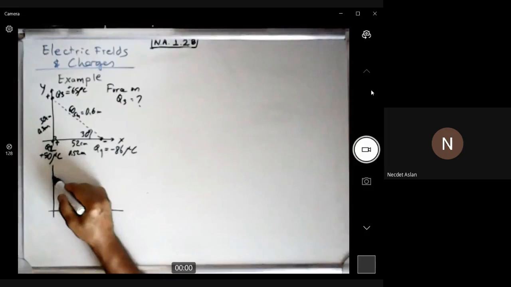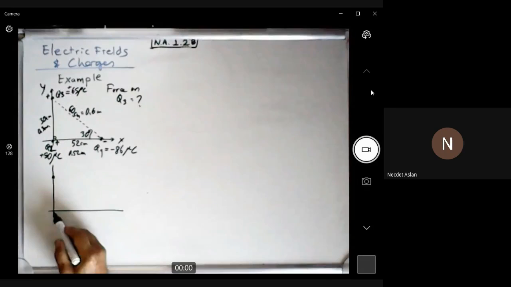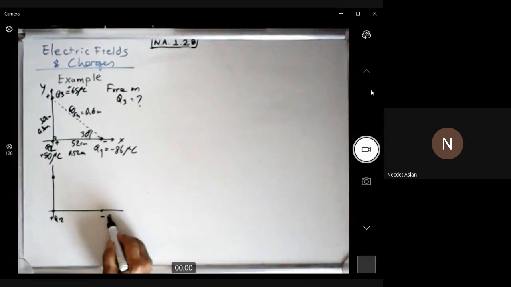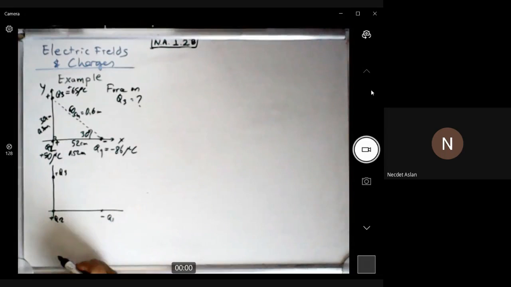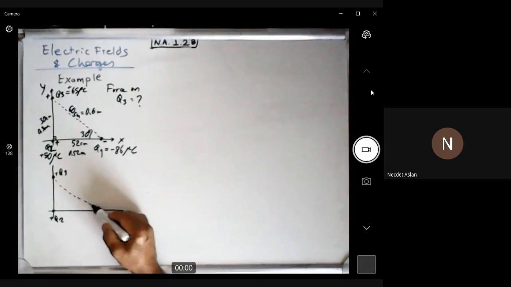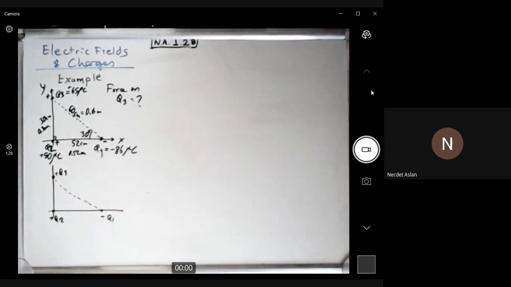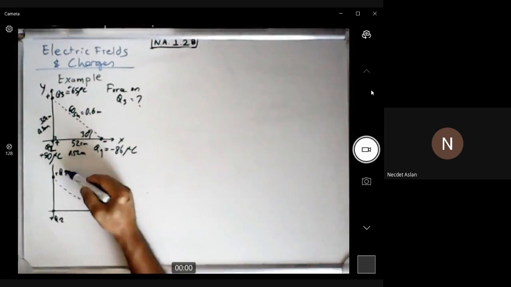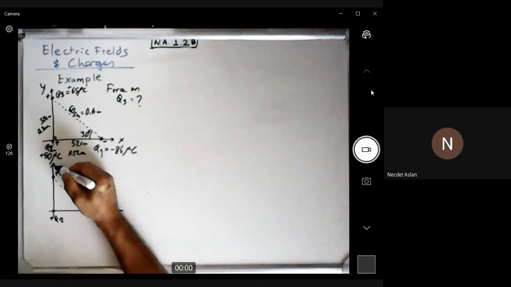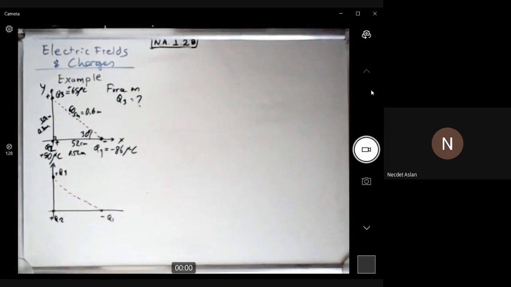Now here, this is plus Q2, this is minus Q1, and this is plus Q3. Don't forget. Now let's also draw this line. Plus pushes plus, or this produced an electric field in this direction, and because this is positive, the force due to this Q2 is this way.